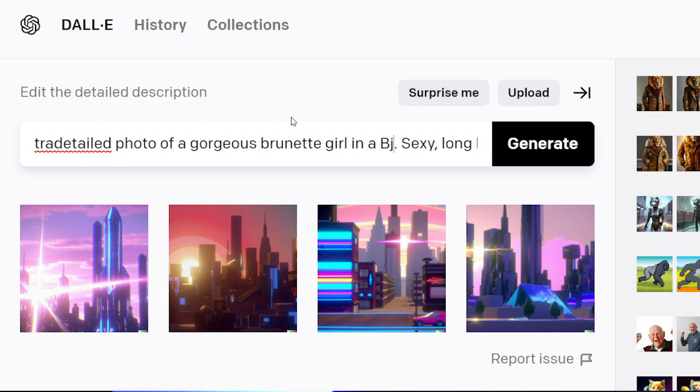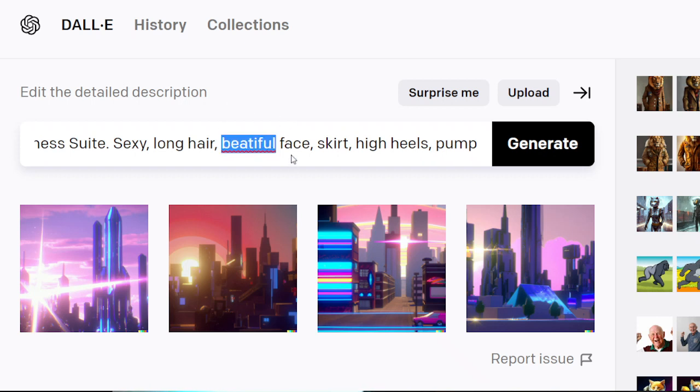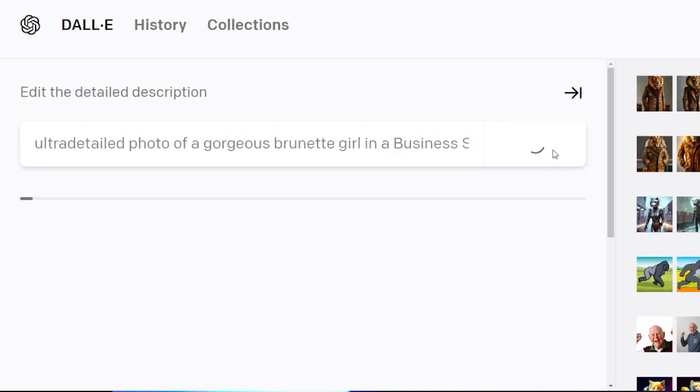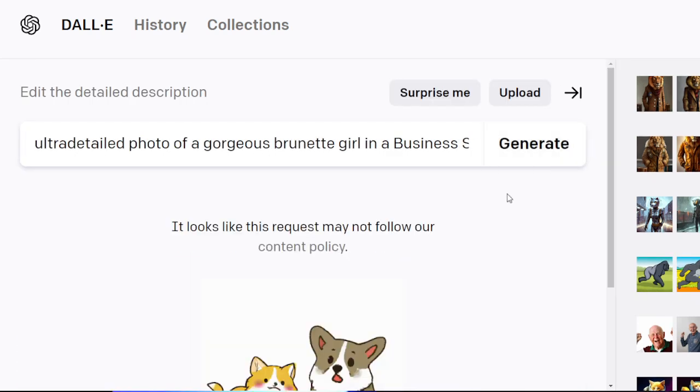Business suit, right? And it says that she's sexy and has long hair and a beautiful face, high heel pumps, hyper realistic, 8K. Let's see what we get with this prompt.